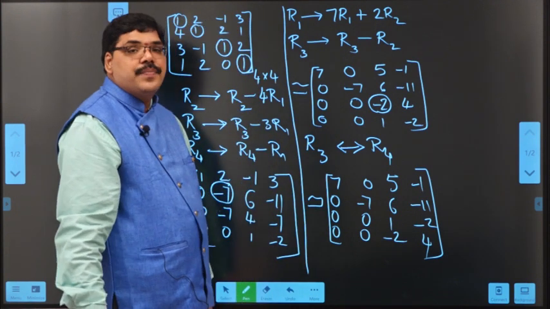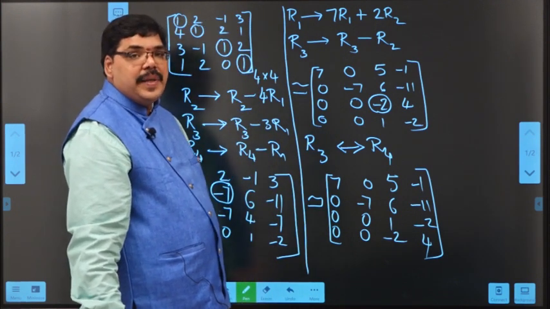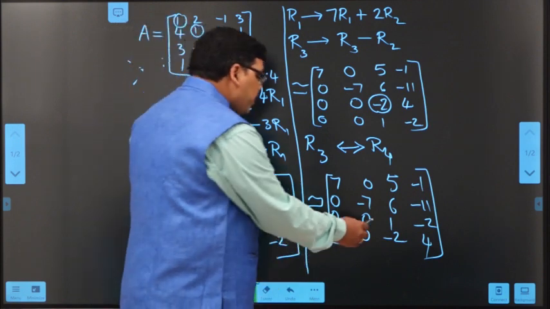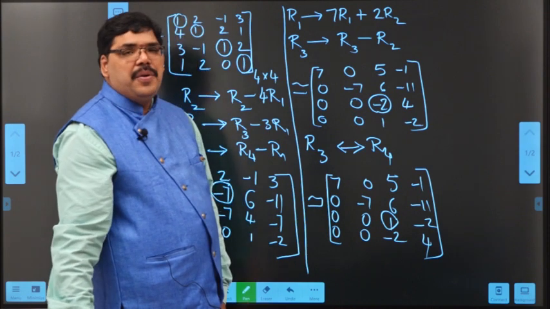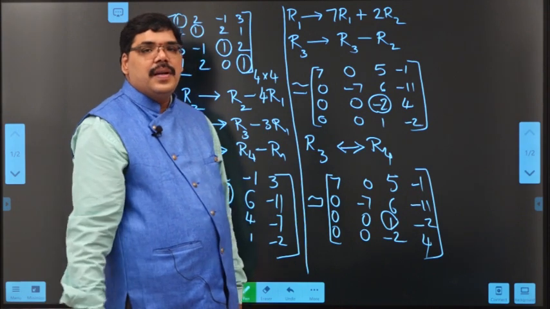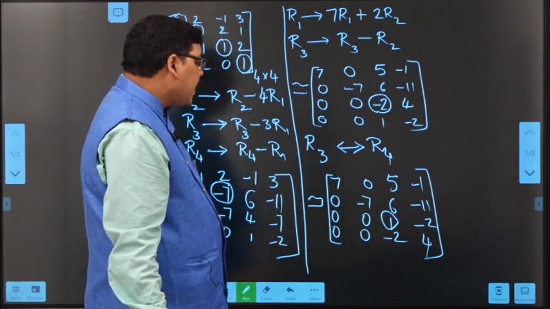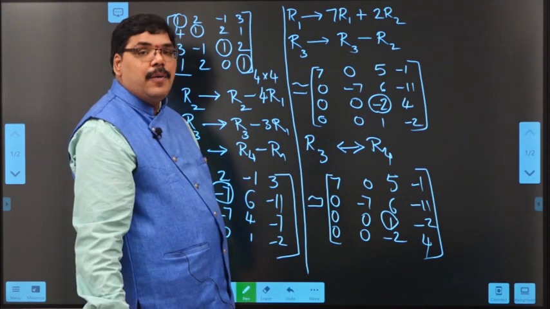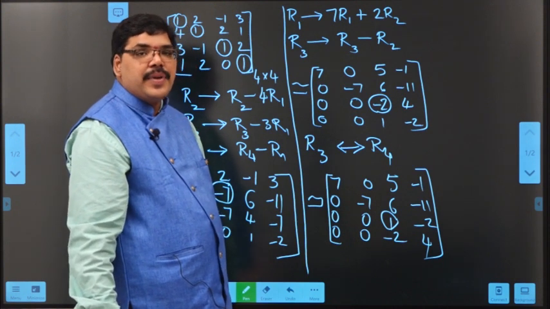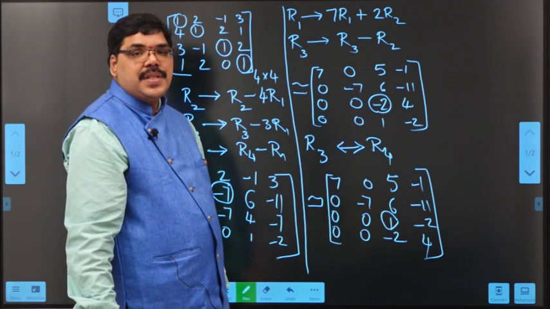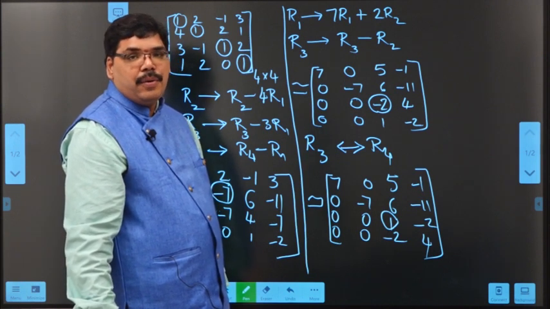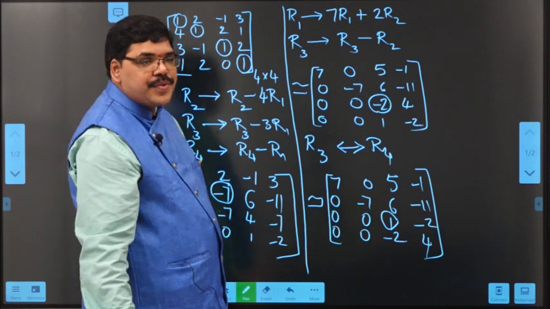If I do this, the third diagonal element will be 1, and we can use row operations quickly. So let us see what row operations we have to apply to make the third position of every row become 0.